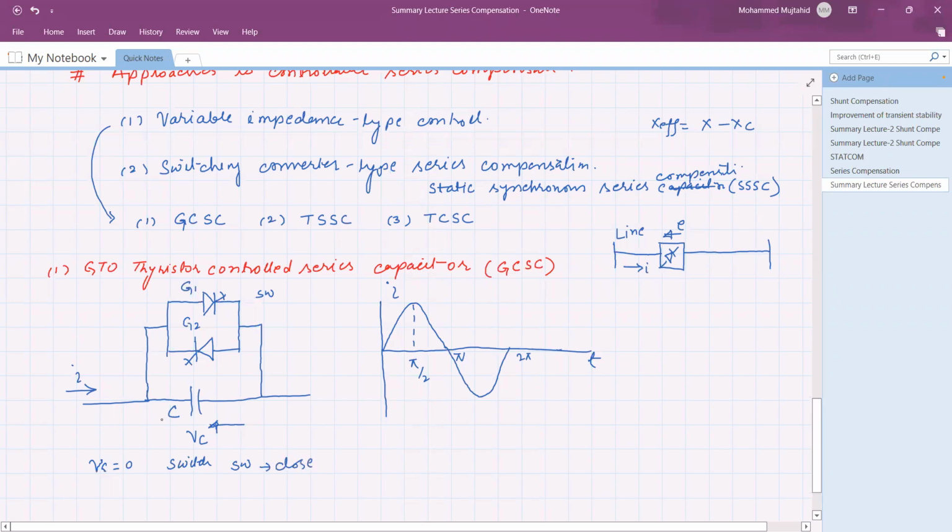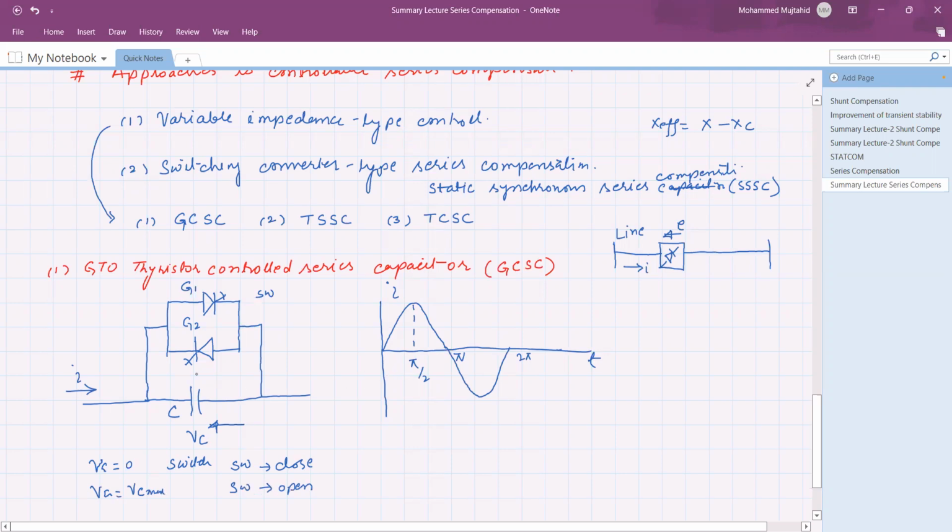When the switch is open, the voltage across the capacitor VC is equal to VC maximum, or its normal value. When the switch is open, the current flows through the capacitor and the voltage across the capacitor appears.